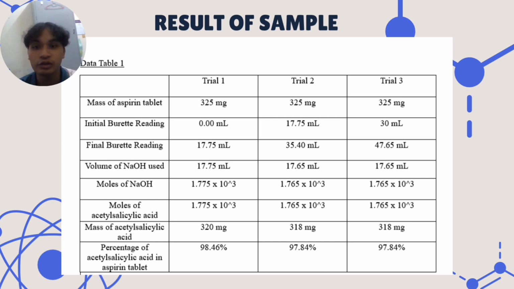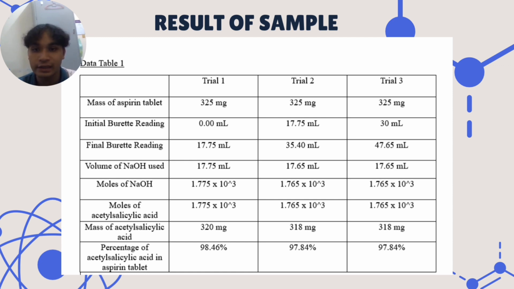Next, for moles of sodium hydroxide, for trial 1 it is 1.775 times 10 to the power of -3, for trial 2 1.765 times 10 to the power of -3, for trial 3 1.765 times 10 to the power of -3.